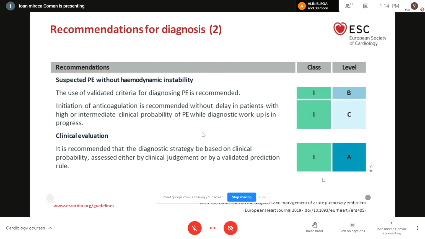But if the condition of the patient is severe, if the probability is high or intermediate for pulmonary embolism, we should initiate anticoagulation as early as possible. So the patient is in a quite low condition, probability is high. We begin with intravenous heparin, and then we shall continue or cross to another treatment while we have the data from the CT and other evaluation.